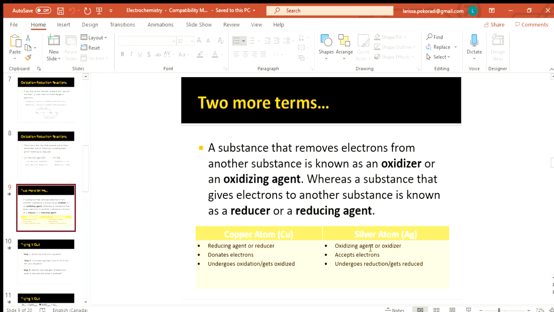And then the other thing in the situation, the silver, if those electrons went somewhere, they came here, they were accepted or gained. So if you gain electrons, you're reduced. And if you're reduced, you help something else become oxidized, so you're an oxidizing agent.